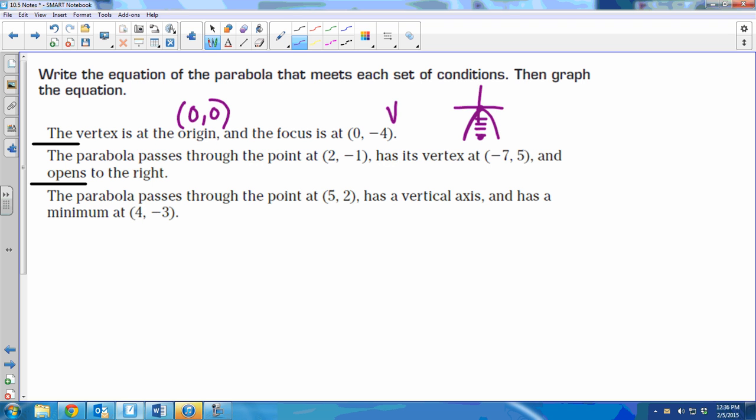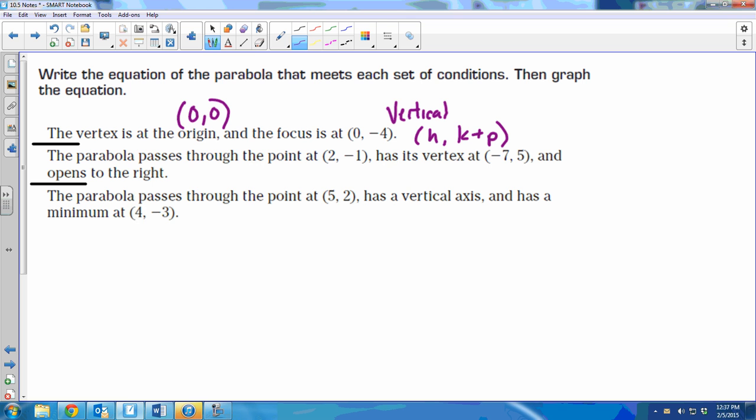So this is vertical. Now, if you go back to your notes from the first day with all of the little expressions of how to find the focus and the vertex, for the focus, it says that for vertical you should have h, comma, k plus p.